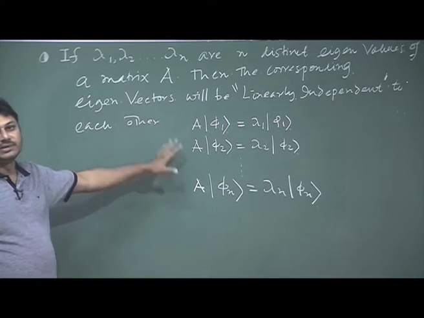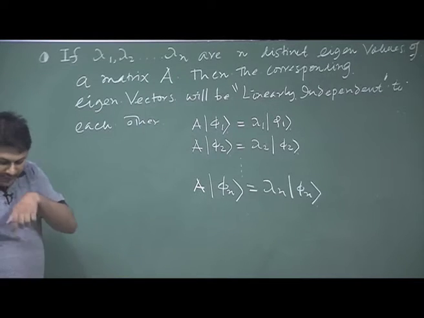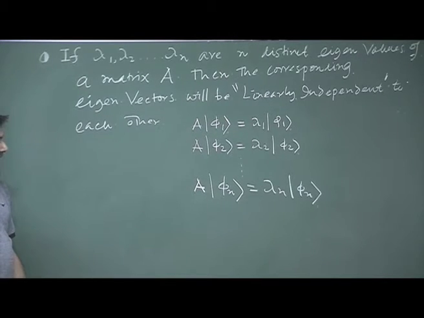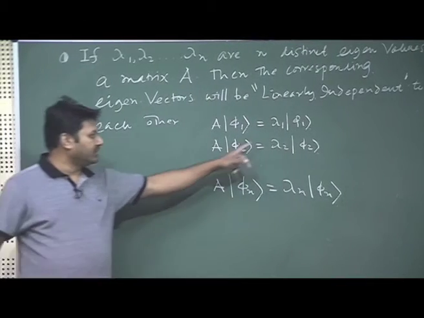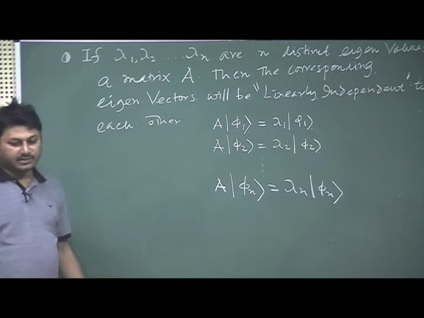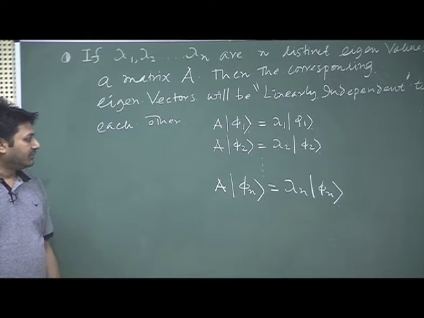That is the meaning of this. I am going to try to prove that. This is a tricky proof, but it is an important conclusion that you should note: whatever the eigenvalues are, if they are distinct, then I can always generate eigenvectors which are linearly independent of each other.